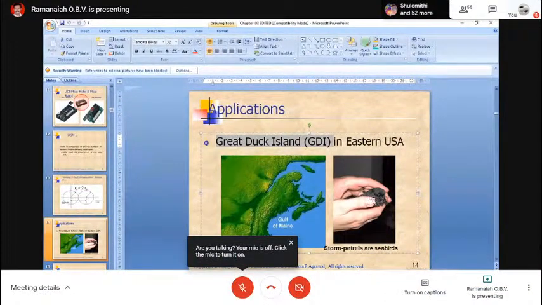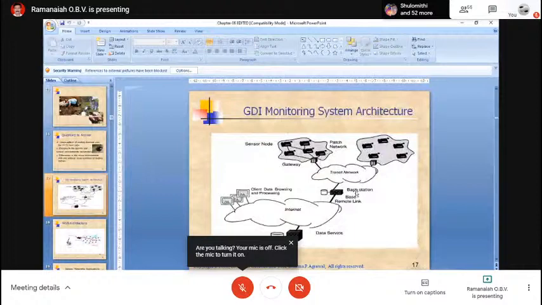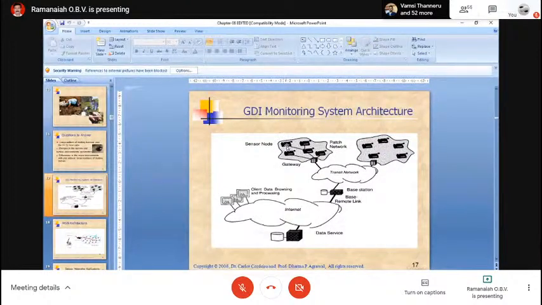And then they deployed the network, and this is the architecture. So sensor nodes are deployed in the burrows for measuring the microenvironmental parameters or conditions in a given area.